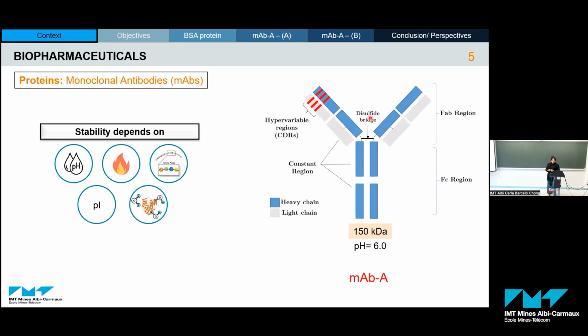The importance for the therapeutic effect of this protein is that they keep their stability. And this stability will depend on many factors, such as the pH, temperature, molecule composition, the isoelectric point, and the formulation in which it is contained. For this thesis, the monoclonal antibody will be named monoclonal antibody A.